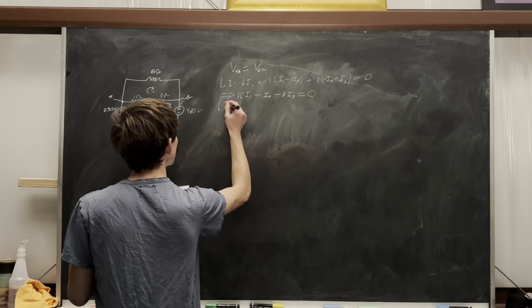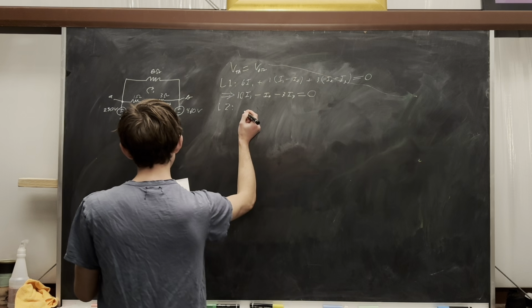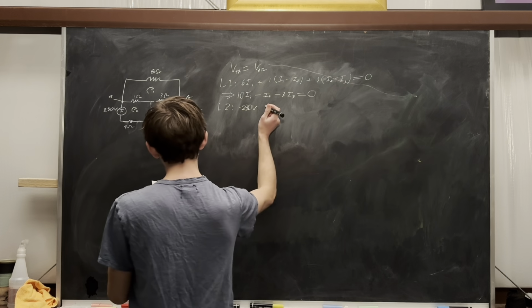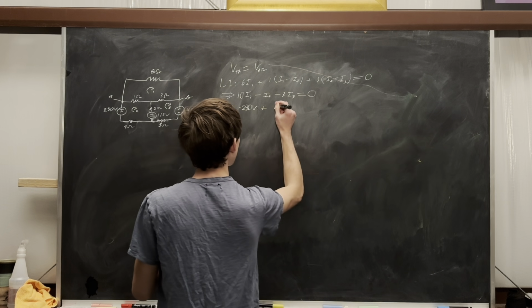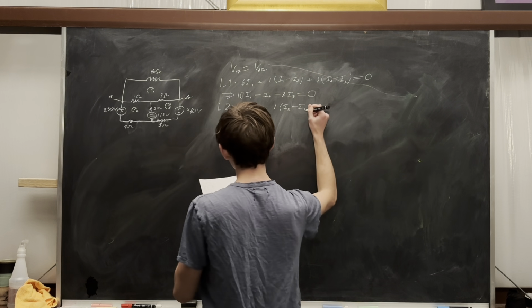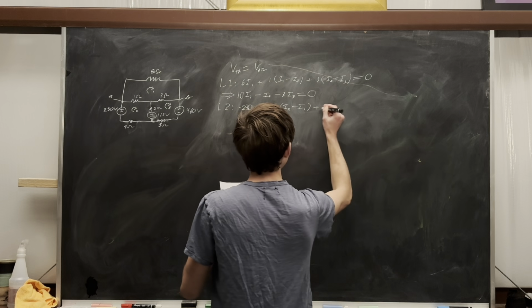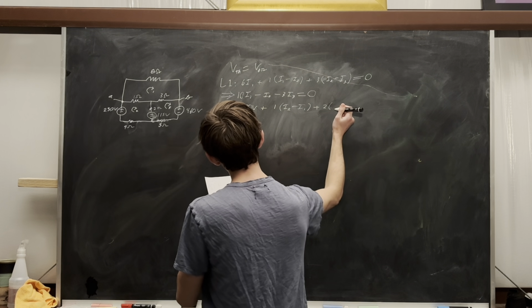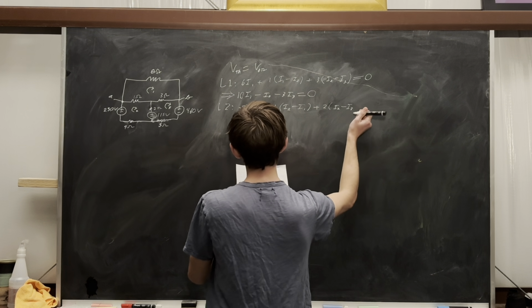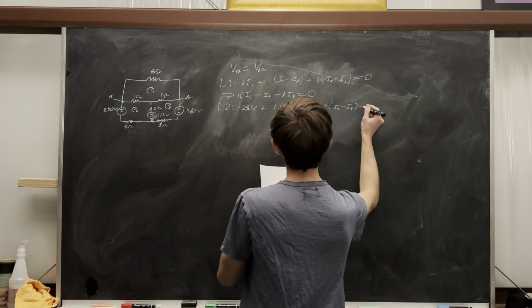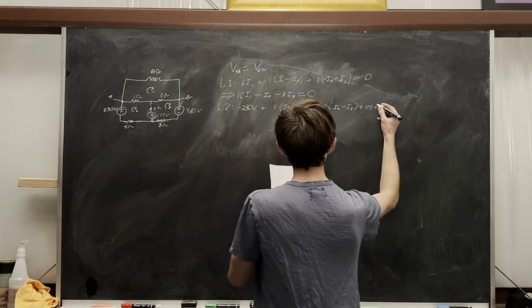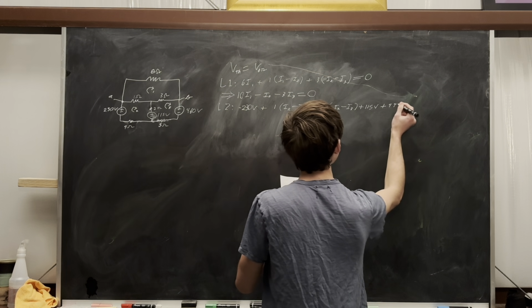For loop 2, you get minus 230 volts plus 1 times I2 minus I1 plus 2 times I2 minus I3 plus 115 volts plus 4I2.